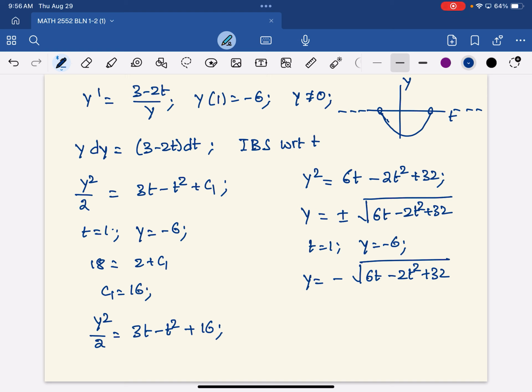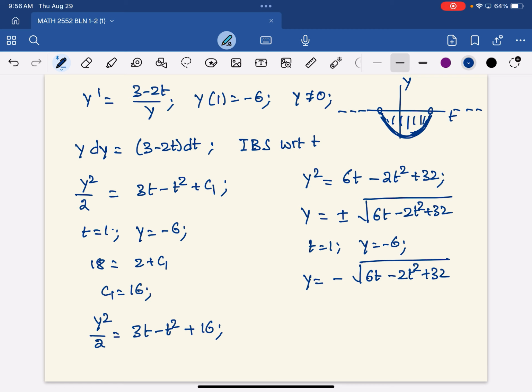Now, I said my solution could be above the horizontal axis or below it, but it's not on the entire axis, it's only a certain portion below the horizontal axis. Only this region is my region of the solution. Do you agree with me on that? My differential equation has a solution only in that particular region.